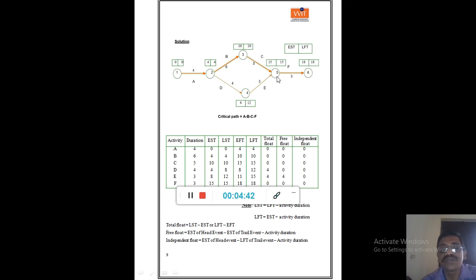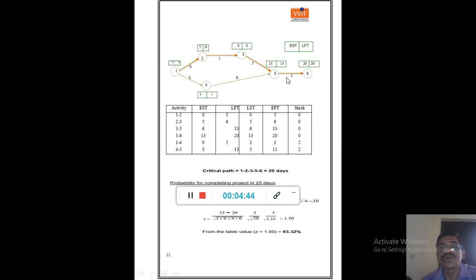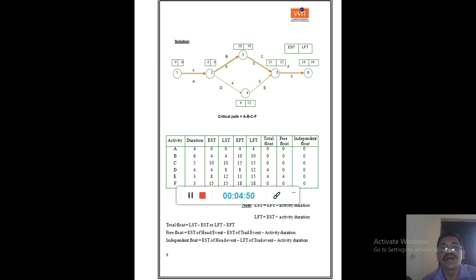Taking 6 to 5, 18 minus 3, 15 is the LFT. Then 15 minus 3, 12, 15 minus 5, 10, 12 minus 4, 8 and 10 minus 6, 4.